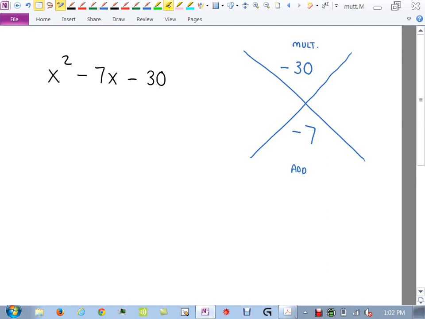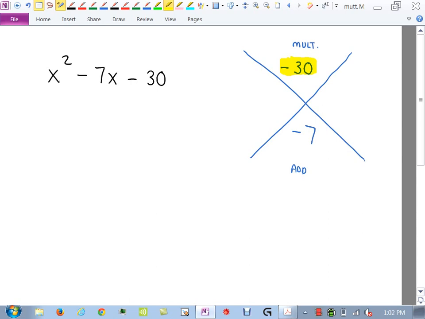So let's try and really think about this now, before we start grabbing numbers. Negative 30. I have 2 numbers that multiply to be negative, right? What can you tell me if 2 numbers multiply to be negative? What can you tell me about those numbers? One has to be negative, and the other one has to be positive, right? It's the only way to make that happen. So the 2 numbers I pick have to be opposite in sign, one positive, one negative.